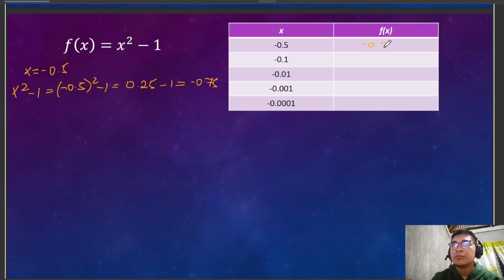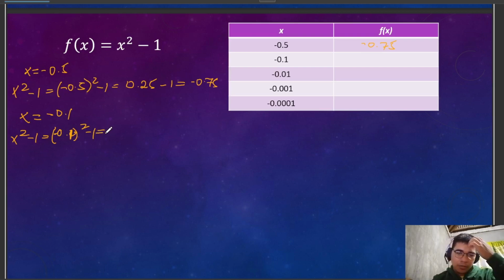Negative 0.75. Next, x equals negative 0.1. So x squared minus 1 is equal to negative 0.1 squared minus 1. So 0.1 times 0.1 is 0.01, minus 1, which is equal to negative 0.99.